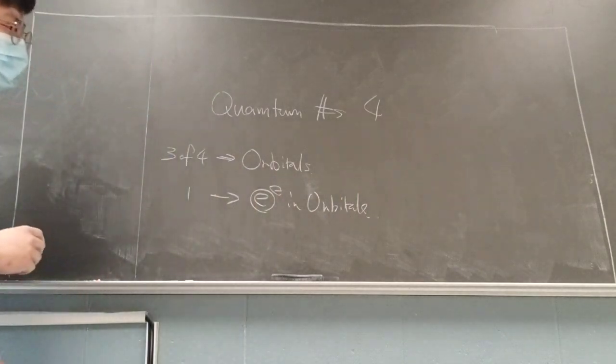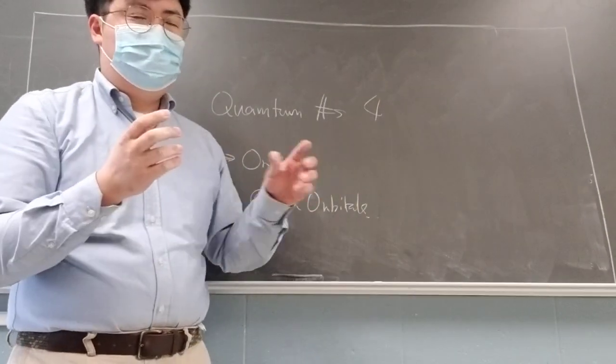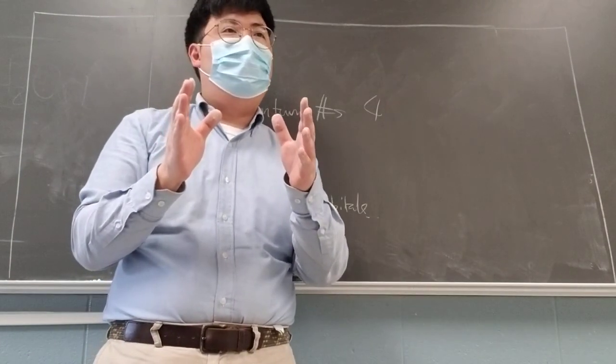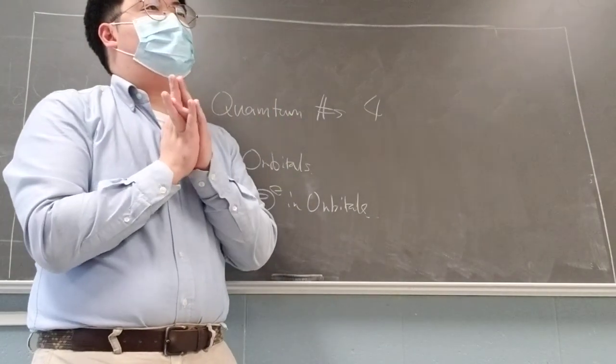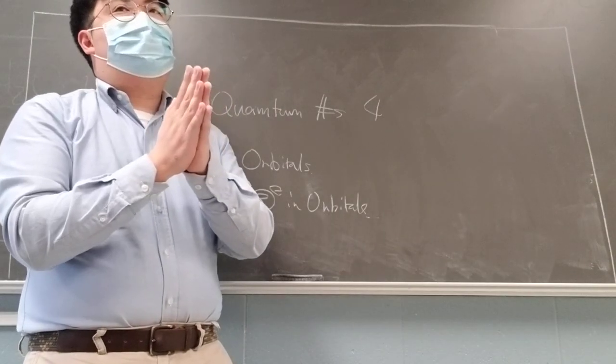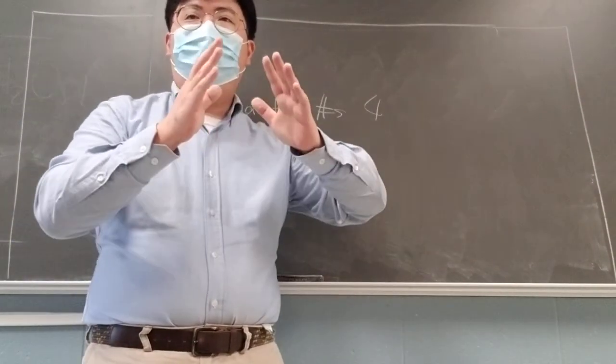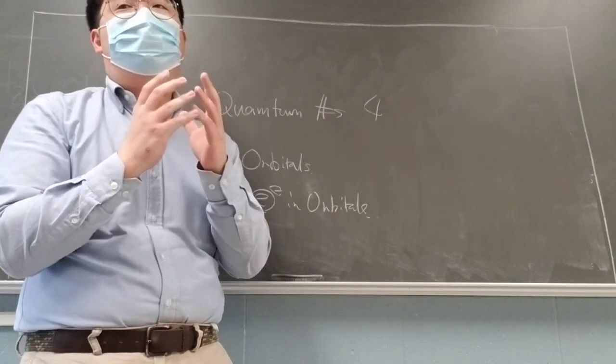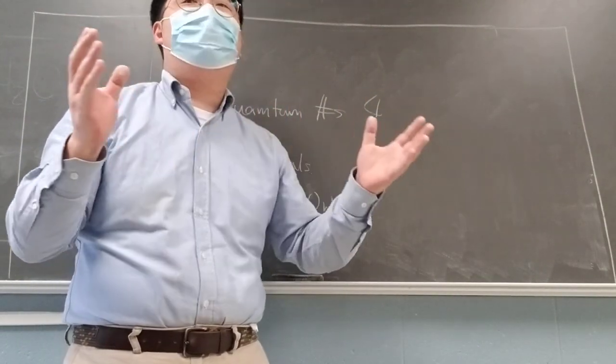So orbital simply means this one. Have you guys heard of orbitals before? Yes. Okay. An orbital is kind of a funny thing. The orbital is not a real matter. An orbital is the imaginary space where we think we can possibly find the electron with high chance.